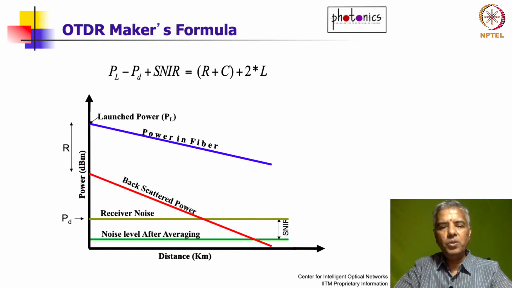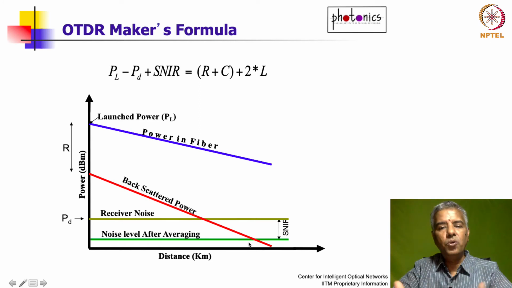So if you do that, you can effectively reduce the noise level, and that means this backscattered power is meeting the noise floor at this point instead of this point. So you have managed to unearth this much of the signal, this much distance.